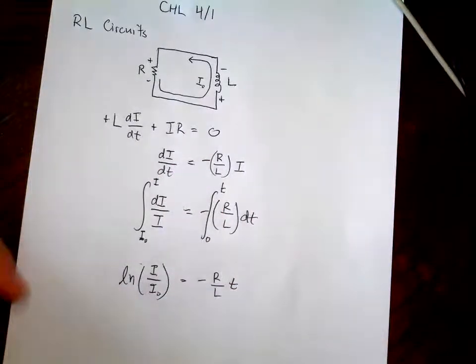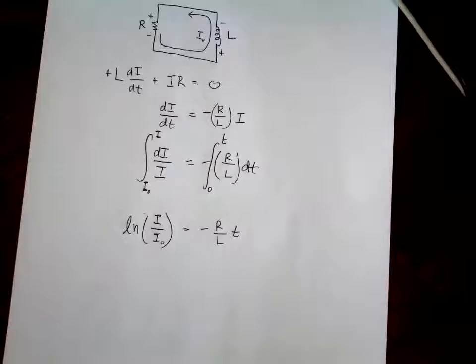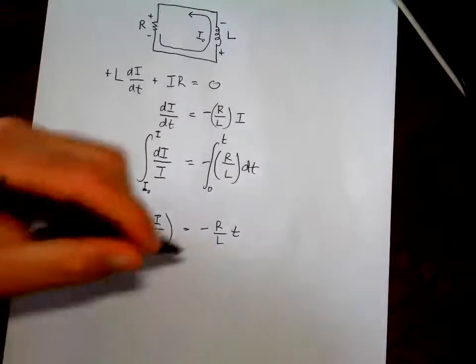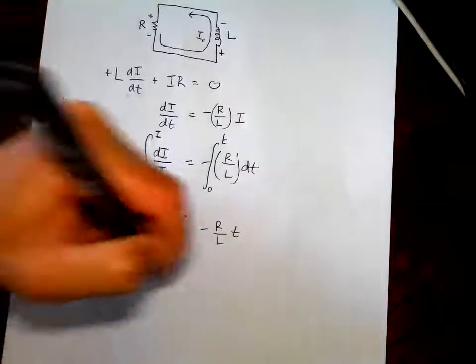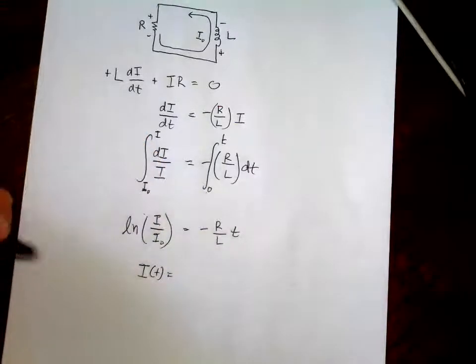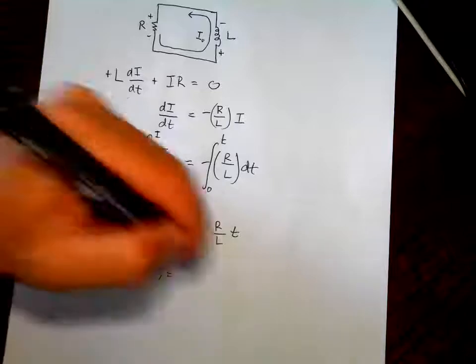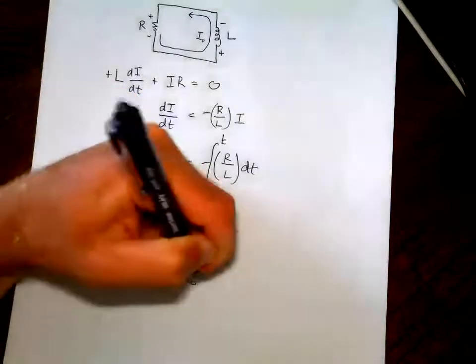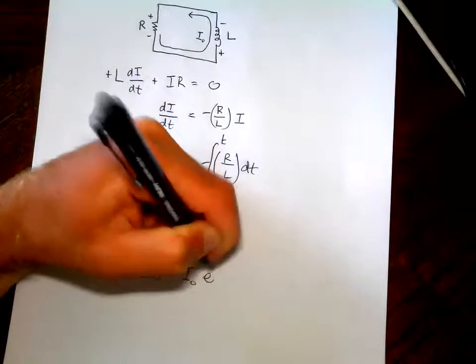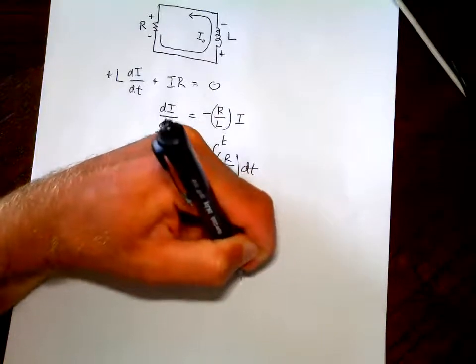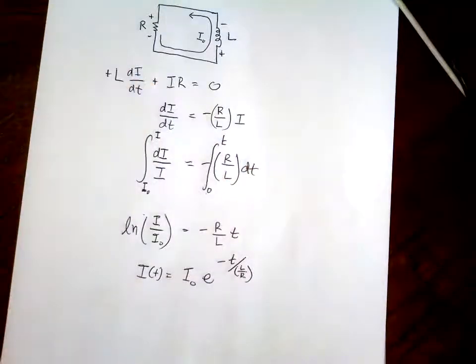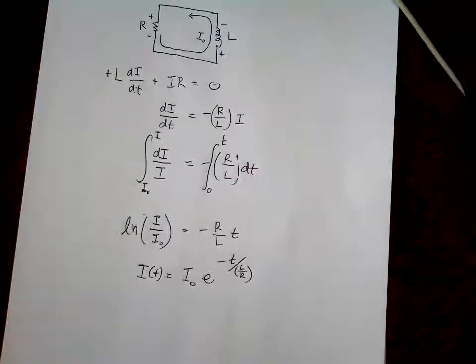So we can solve for I quite easily, and we get that I of t is equal to I naught times e to the negative t over L over R. So you can see that we have an exponential.